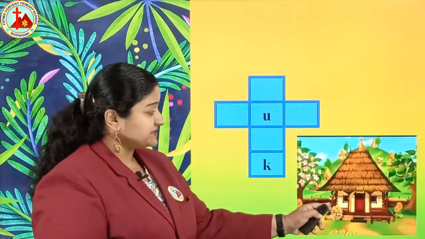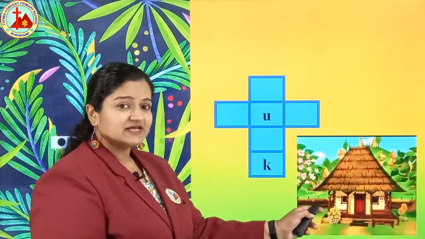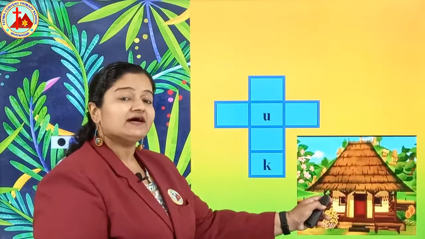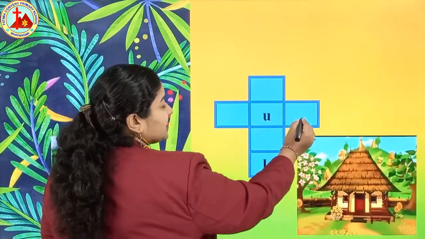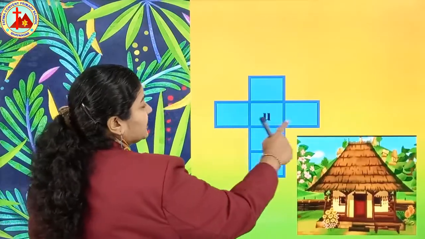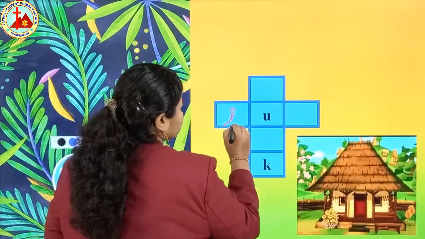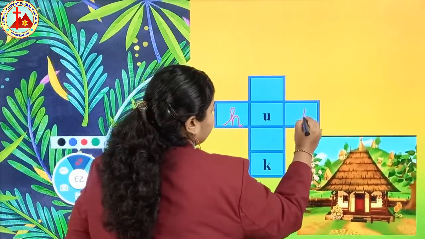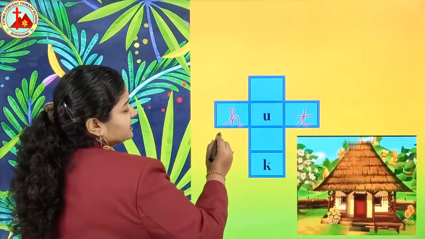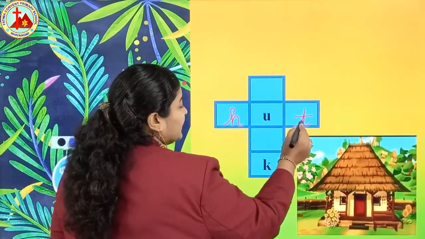Children, this is the picture of a hut. We live in a hut. In a village you can see huts. Hut spelling is H-U-T. 3 letters, so 3 boxes are here. So we will write H. U is written. T we will write. Which spelling is this? H-U-T, hut.